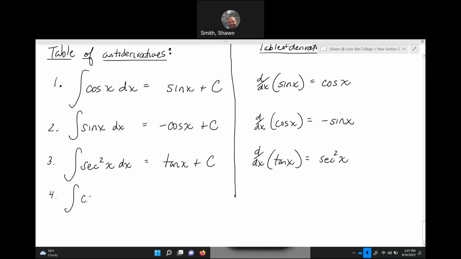Cosecant squared is negative cotangent x plus c. The derivative of cotangent of x was the negative cosecant squared of x. Remember the negative cofunctions? That's how you remember those derivatives.